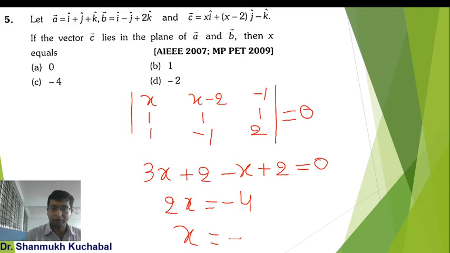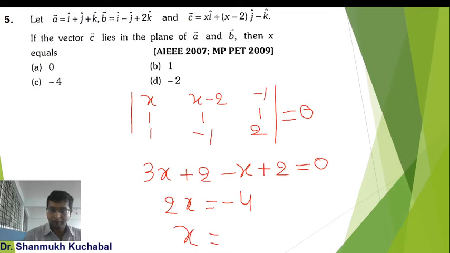Like this we have to simplify. Yes, so we get x as 2. So this is the solution we get. D is the right answer. Okay, yes, you can take a screenshot of this.